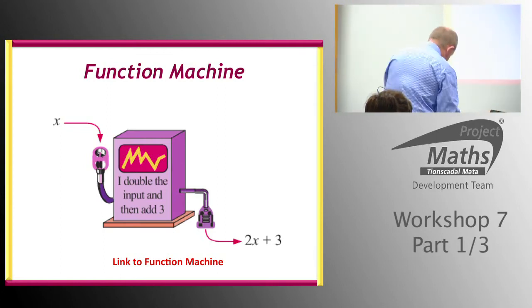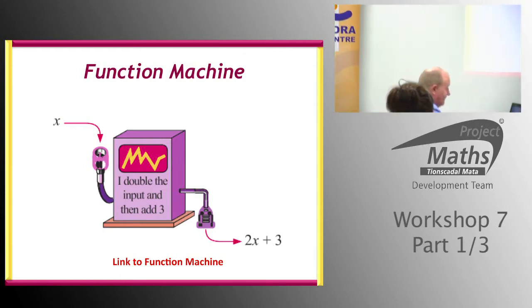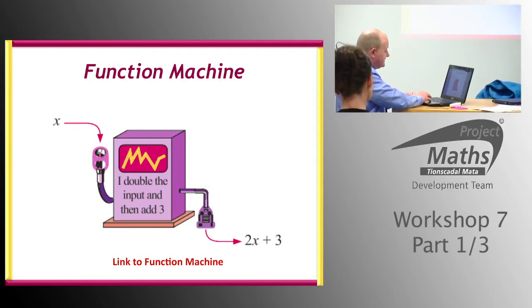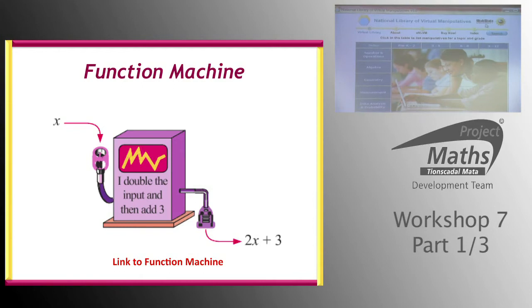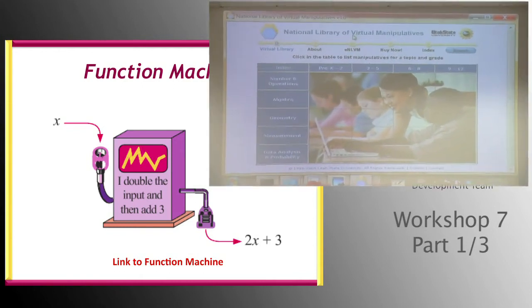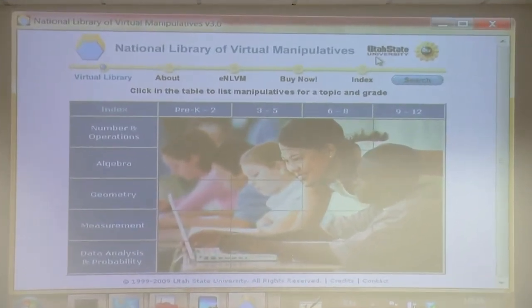I just have one here for you, and we'll throw a couple of functions at you. It's the National Library of Virtual Manipulatives at Utah State University. If you type in NLVM, that's where you'll get it. If you look along here, I go to 8 to 12, which is the equivalent to our junior cert.